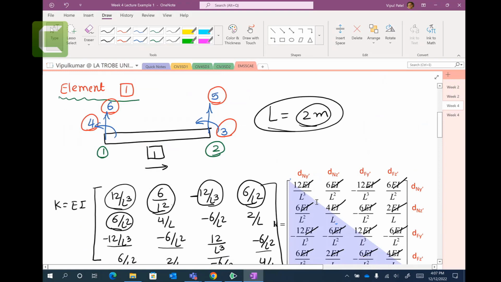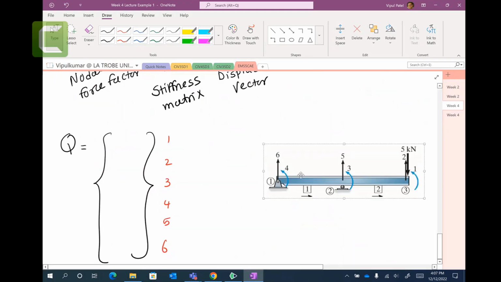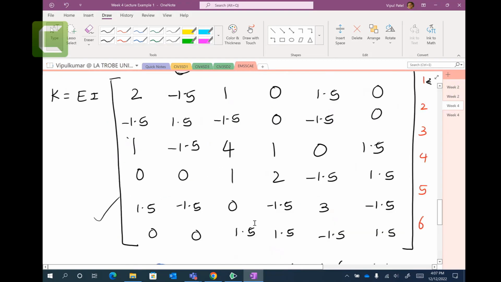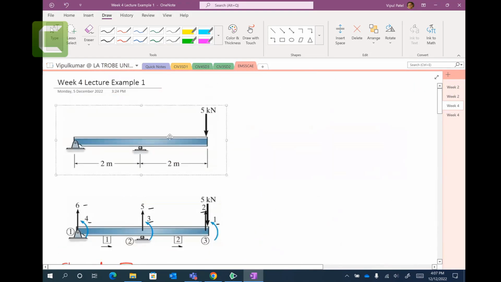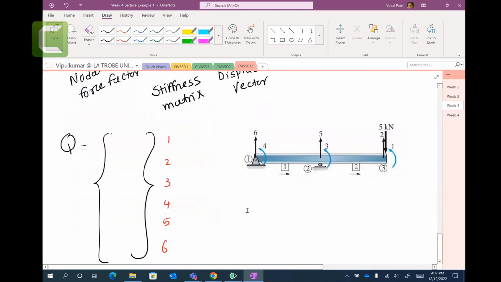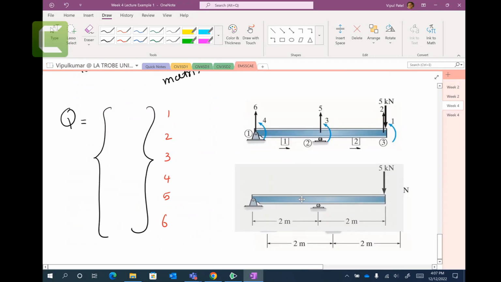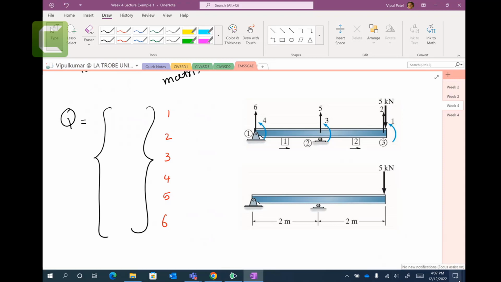Copy and paste. Now in here we have number 1. You can look at this one. There is no force, so that is 0.